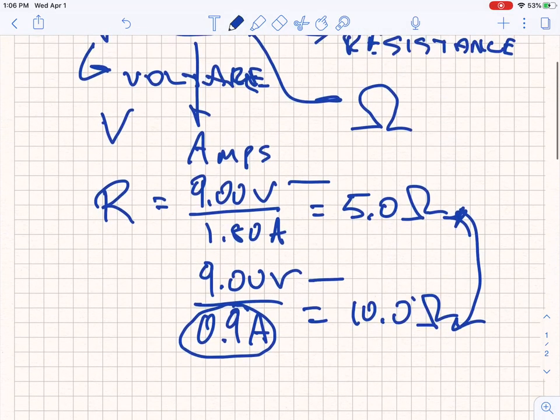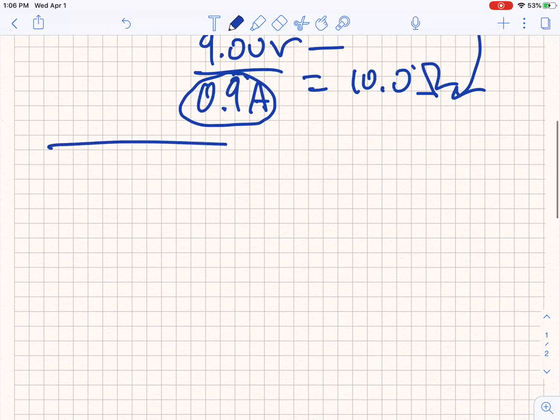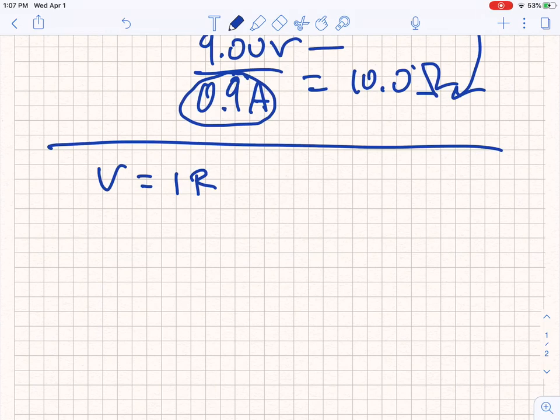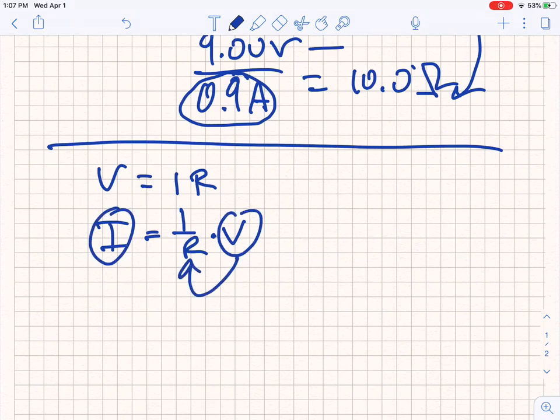Now, the other way to look at this equation of V = IR is that you can also put it in a different situation where we're going to solve for I, and we're going to have I equal 1 over R times voltage. So realistically, in a circuit, what you can typically measure is the current and the voltage, and then you work backwards and you find the resistance.